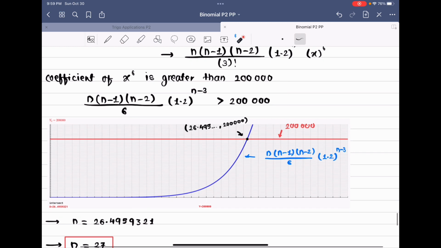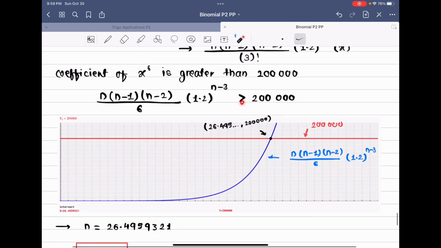Now use your calculator. Let the left hand side of this inequality, that is n into n minus 1 into n minus 2 upon 6 times 1.2 raised to n minus 3, type in y1. 200,000, type in y2. Now you have to be very careful by adjusting the view window. In the first shot you will not get a graph because your window settings are different.